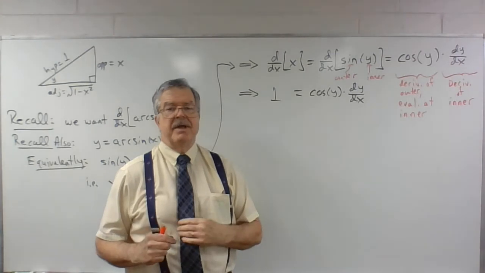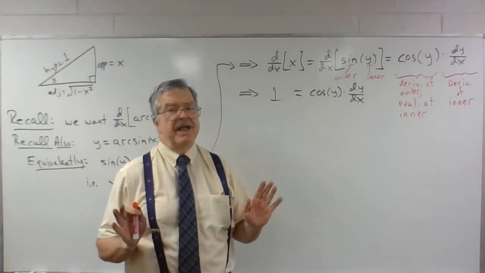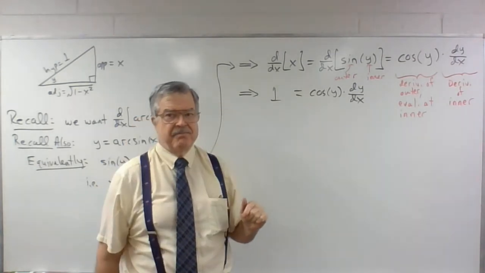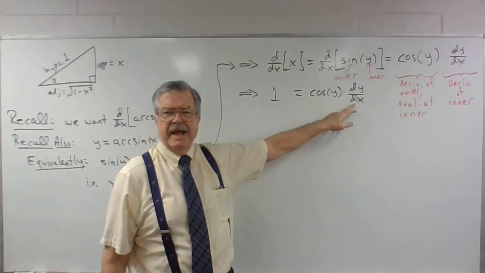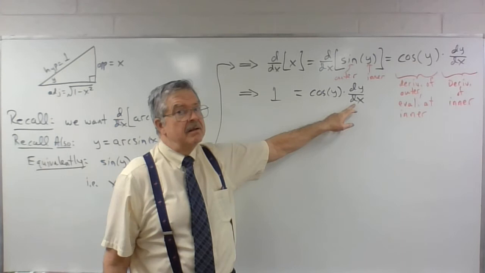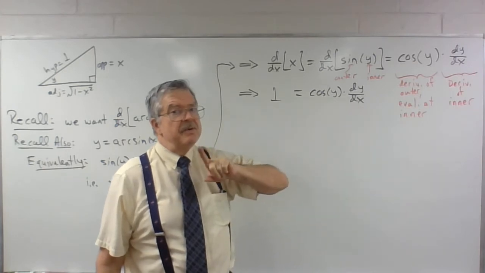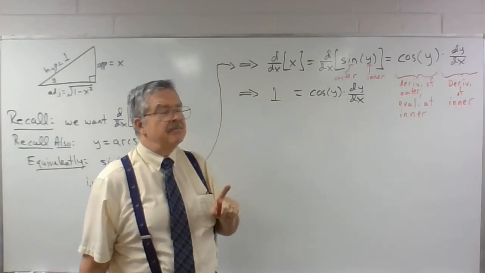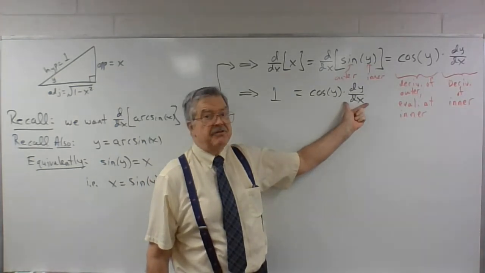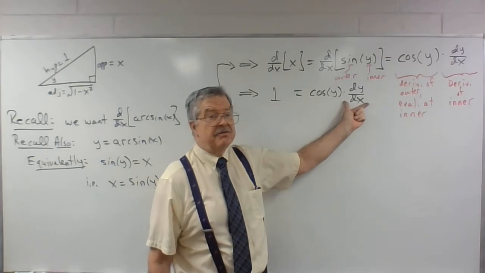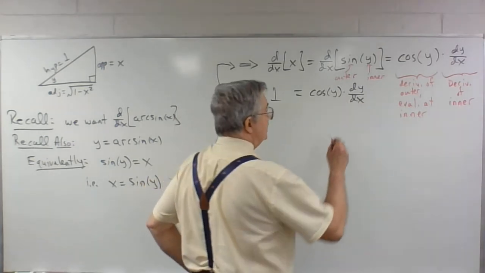This is where I've got to pay attention and make sure that I haven't fallen asleep. What the heck do I do with that? Didn't we say at the beginning that if we find dy dx, that's the same thing as finding the derivative of arc sine of x? Holy moly!